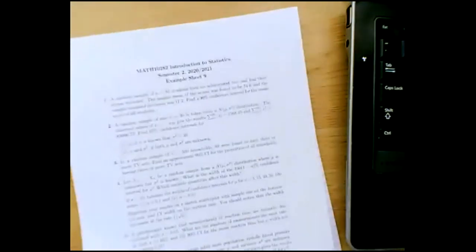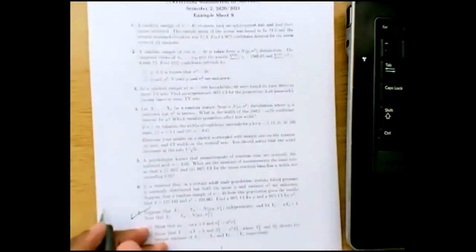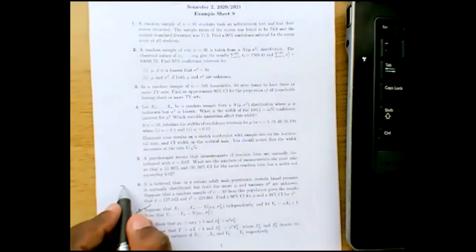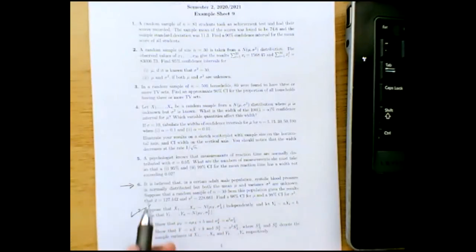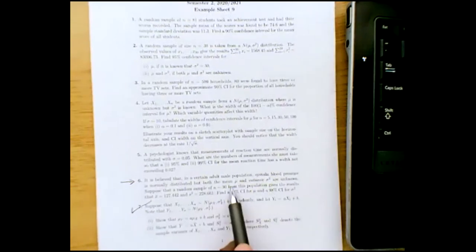So the next question I'm going to do is question number 6. You can read it off the computer. So basically it says that in a certain adult male population, blood pressure is normally distributed with mean mu and variance sigma squared.